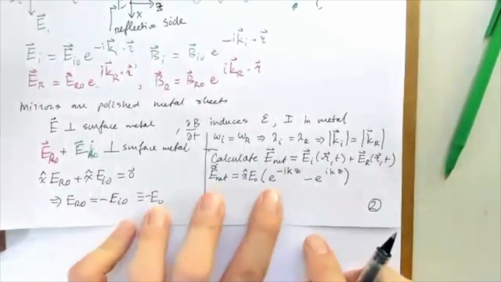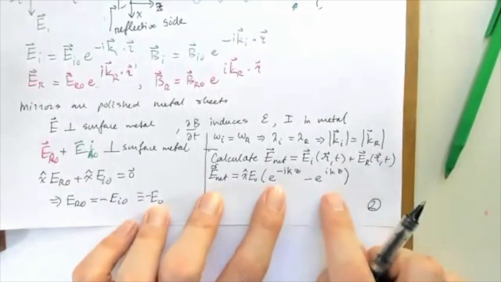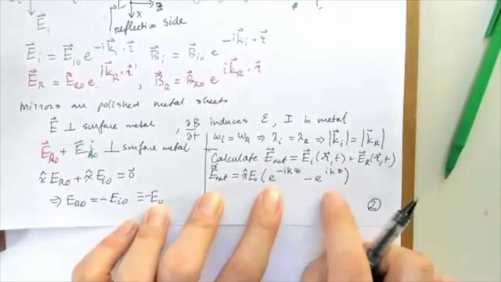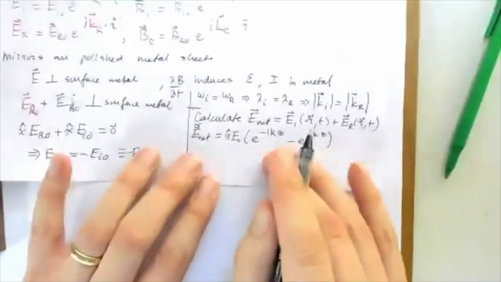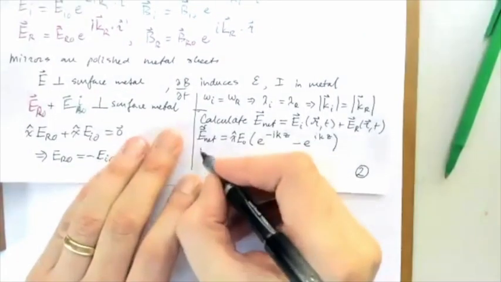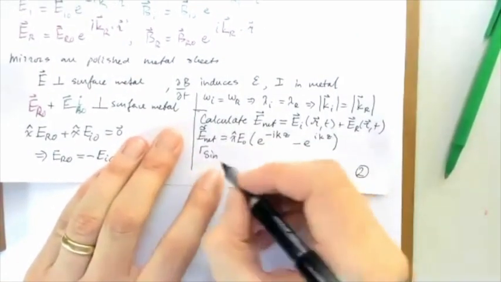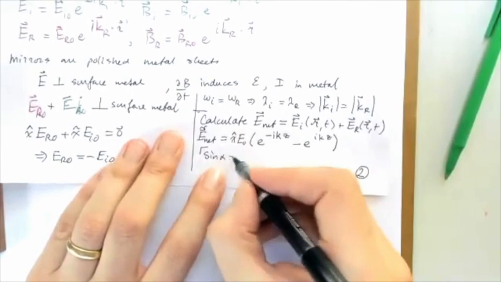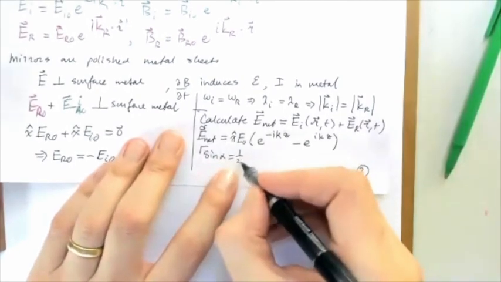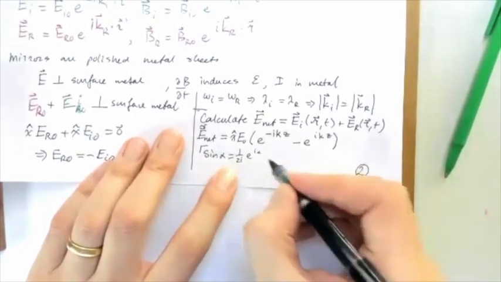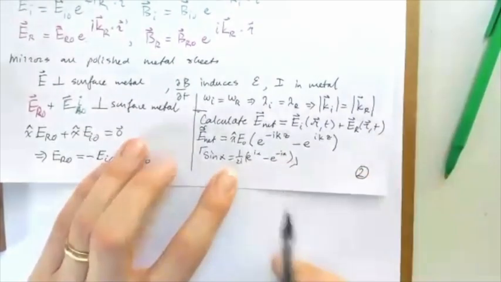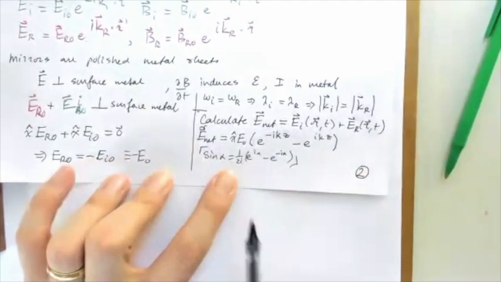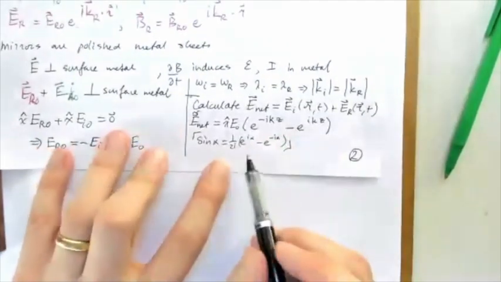So that's the incident, and that's the reflected, and these two together give you a sine wave. So if you remember that the sine of alpha is 1/2i times e to the power i alpha minus e to the power minus i alpha, you recognize that this is a sine wave, hopefully.